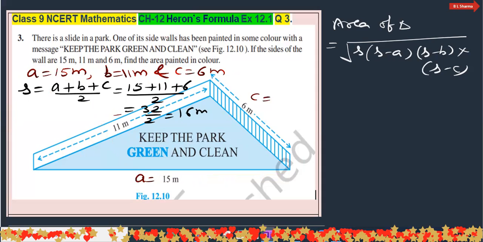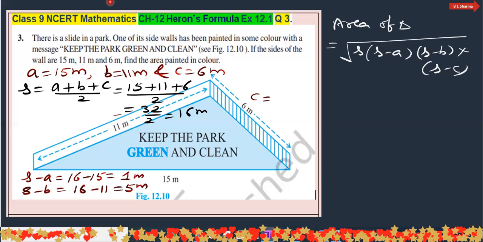Now, S minus A means 16 minus 15, that is 1 meter. Then S minus B, 16 minus 11, that is 5 meters.